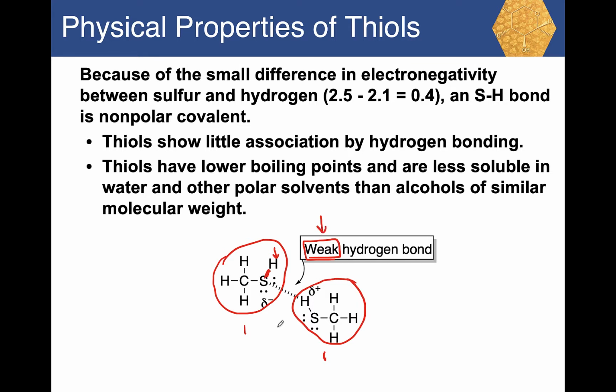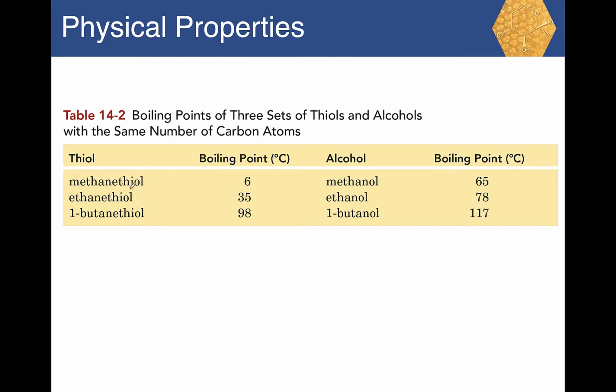So if we were to separate this or supply enough energy to break that intermolecular attraction, it would not be a lot of energy, at least compared to that if it were an alcohol. So the bottom line is that methane thiol, which has just about the same molecular weight as methanol, has a much lower boiling point than methanol.